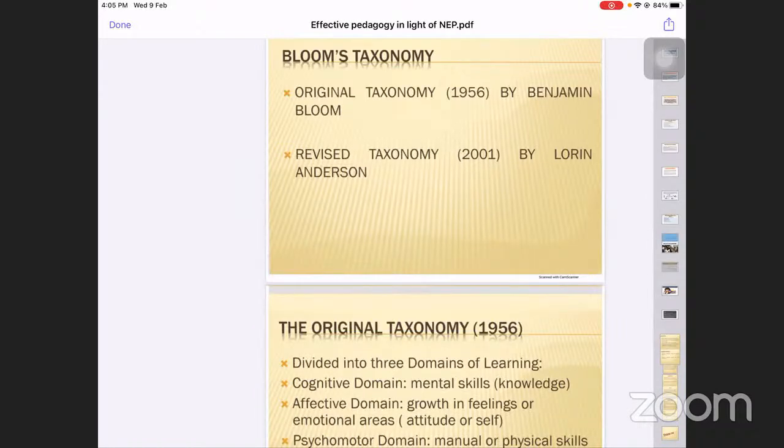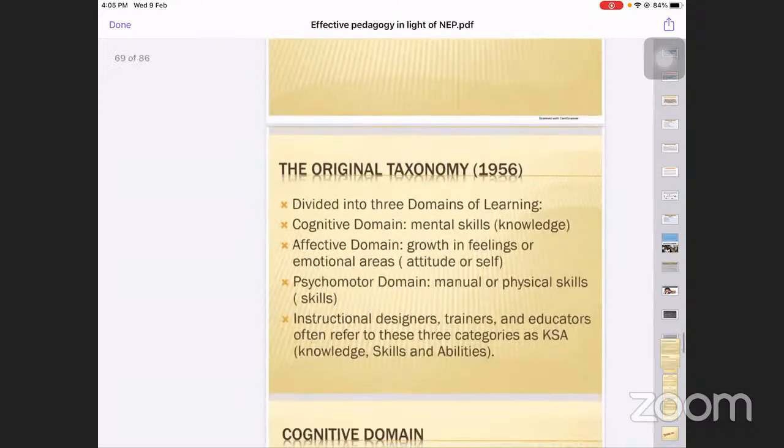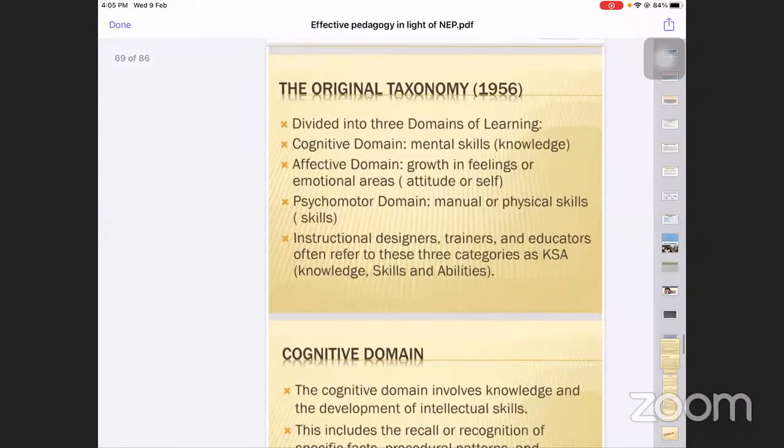The original taxonomy, given in 1956, divides learning into three domains: cognitive, affective, and psychomotor. The cognitive domain is related to mental skills, knowledge. The affective domain is related to growth in feelings or emotional areas, that is attitude or self, related to the heart also.